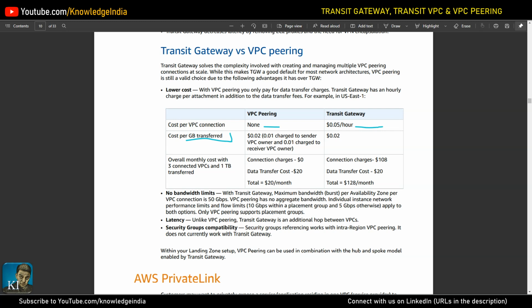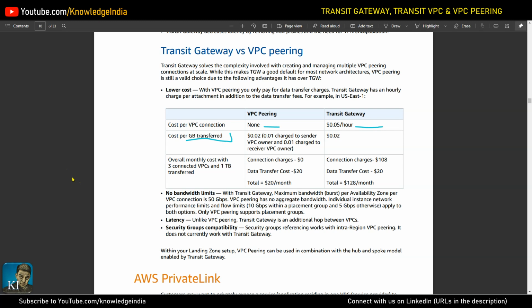For example, you have instance 1 in VPC 1 and instance 2 in VPC 2. What is the bandwidth which is supported by those instances? Based on that, the upper limit would be. VPC peering as such doesn't have any upper bandwidth limit. Okay, so that's something to know. In case of Transit Gateway, there are limits, of course.